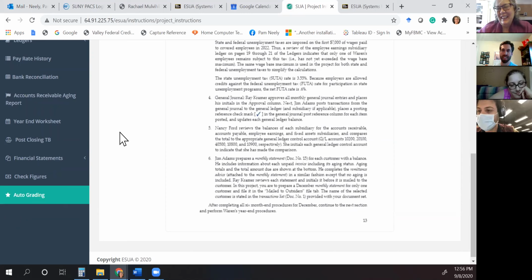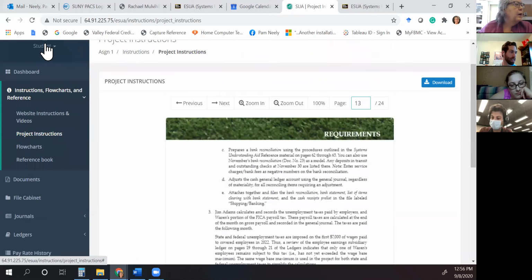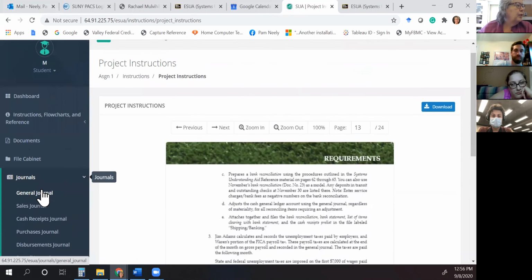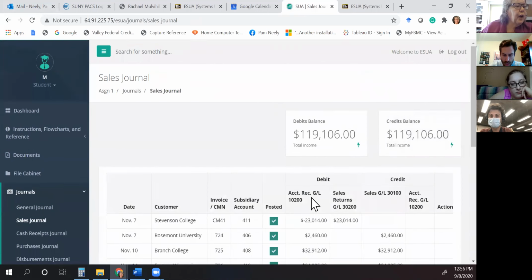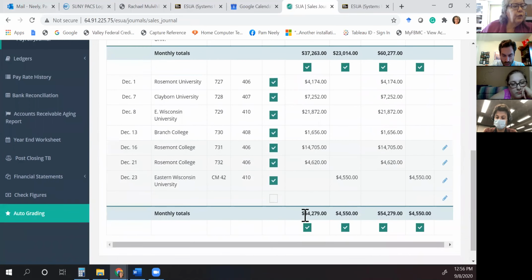Can you go over the general ledger one more time? So the general ledger, you always want to start from the journal. For instance, the sales journal, the first column here is accounts receivable. My total on accounts receivable is $54,279.